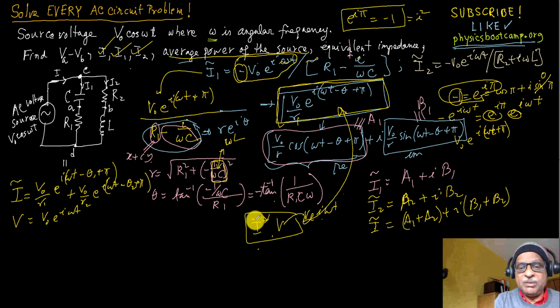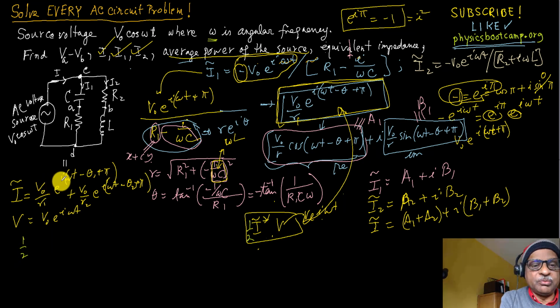So when I multiply this with the star given here, there is a factor of half here. When you average the power, you're going to get a factor of half.